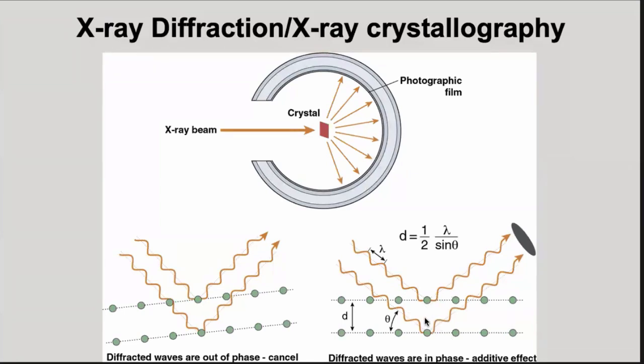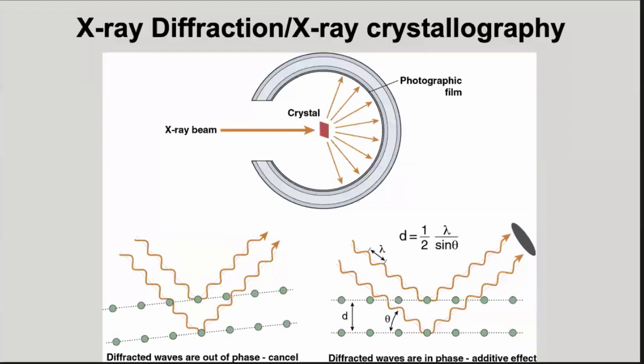Now, there's a principle in physics that the angle of incidence, meaning the angle that the beam is coming into the crystal, is equal to the angle of reflection. So the angle at which these X-rays are bouncing off of the crystal is the same as the angle at which they're entering. So the angle over here on the right would be equal to this angle theta here on the left. So we know what lambda is because the scientist is controlling the wavelength of X-rays that they're generating.